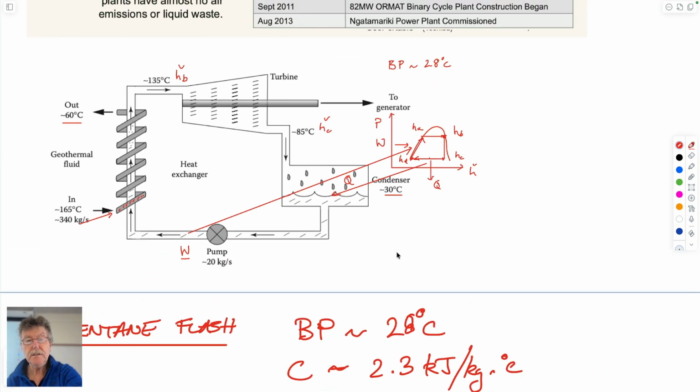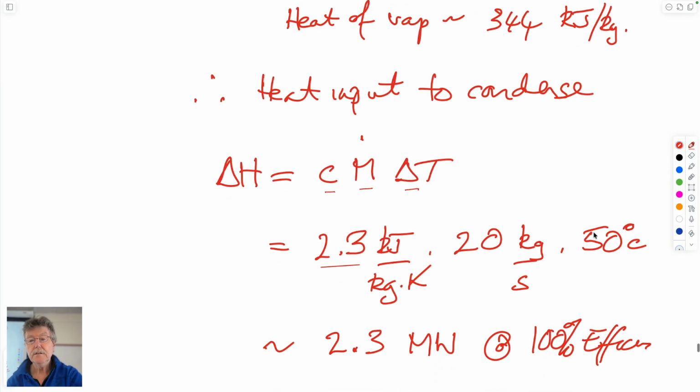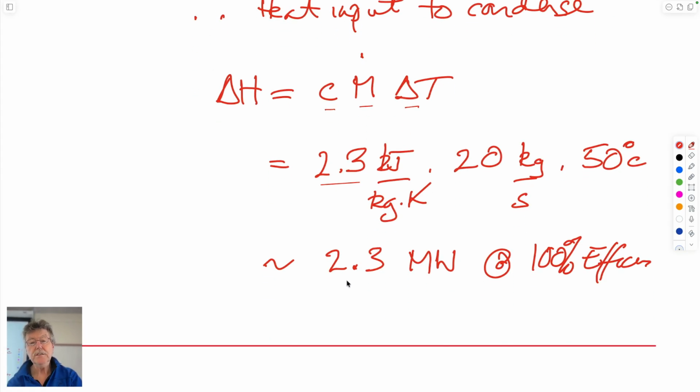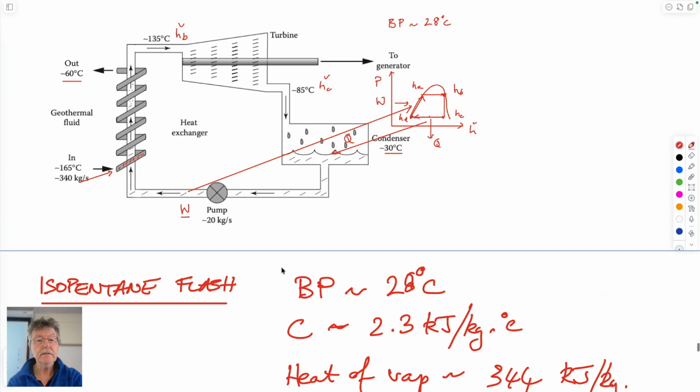And the temperature change is going from 135 degrees centigrade to 85, which is a change of 50 degrees centigrade between these two temperatures. So this is the temperature change. So this is the amount of energy you need to supply to the isopentane, 2.3 megawatts at 100% efficiency, and you have to supply that energy by this.